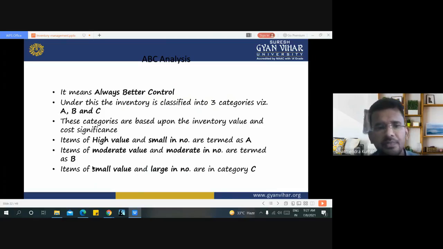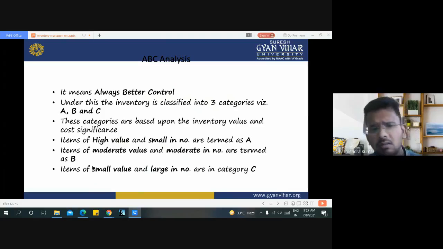The most important consideration in this technique is the inventory cost, or inventory value. Items of high value and small in number are termed A category components, or A category raw material. In the B category, we keep items of moderate value and moderate in number.